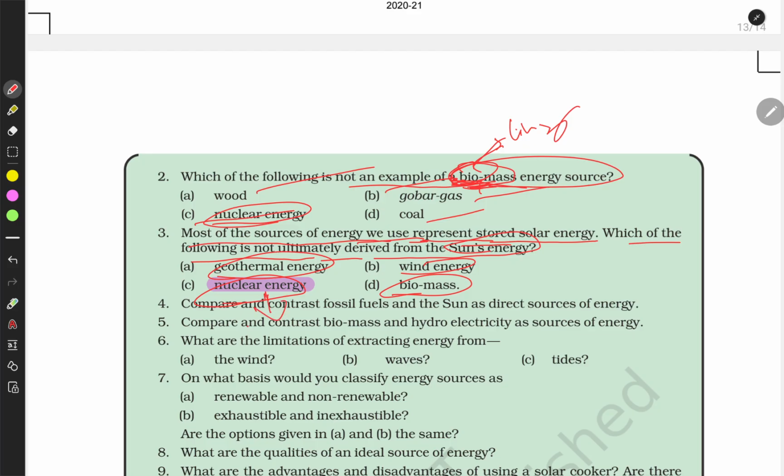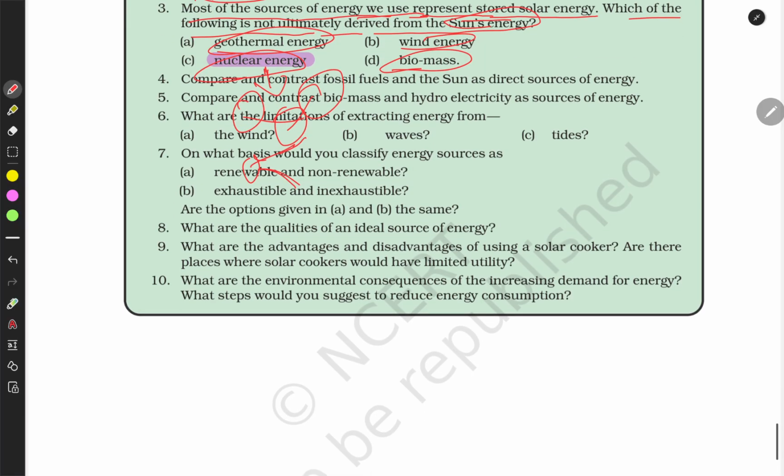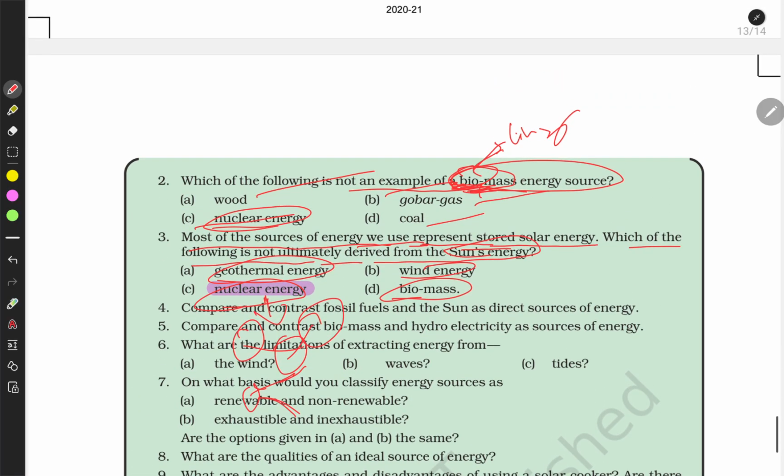It comes from the atoms, from the molecules. When we are either splitting or fusing two elements, the difference of the mass is converted into energy. So here ends this chapter.